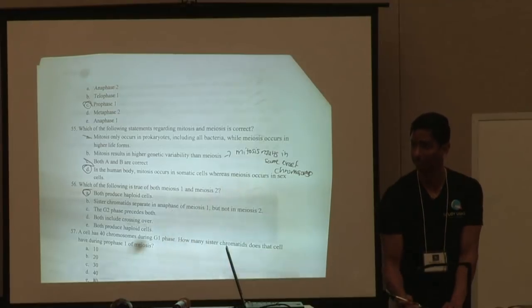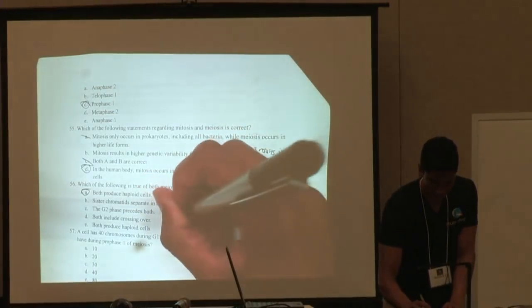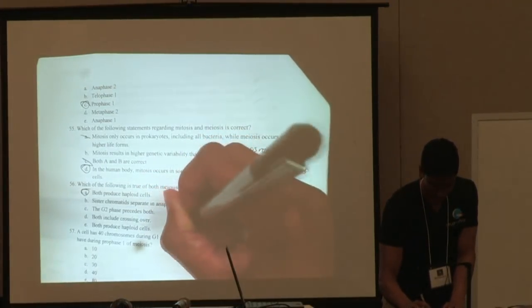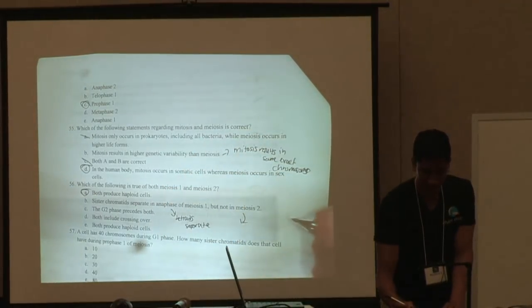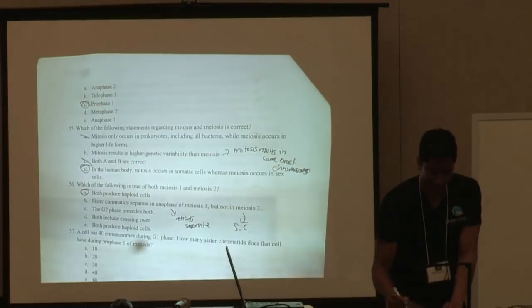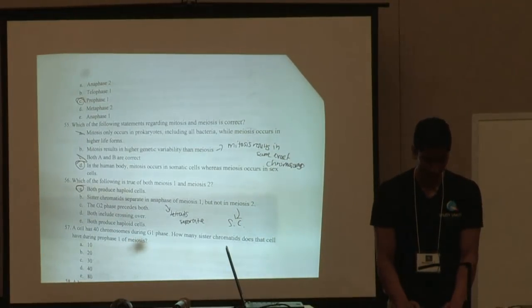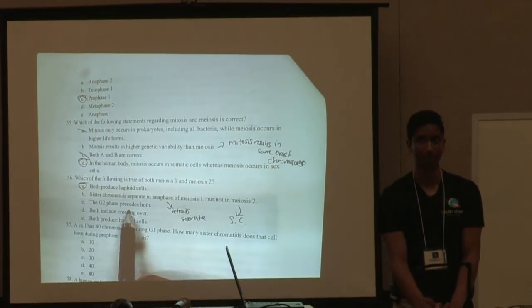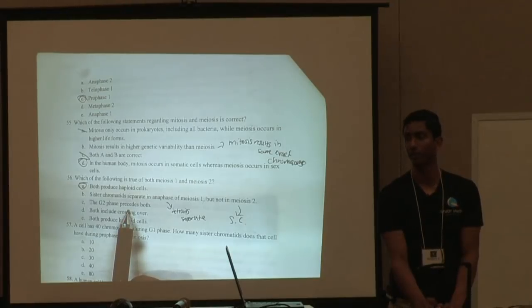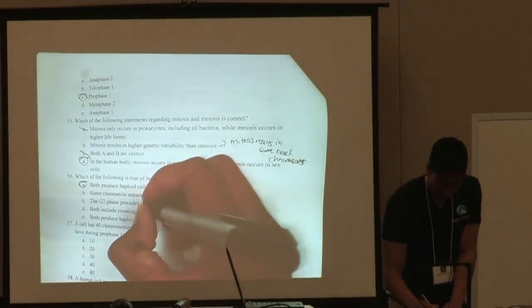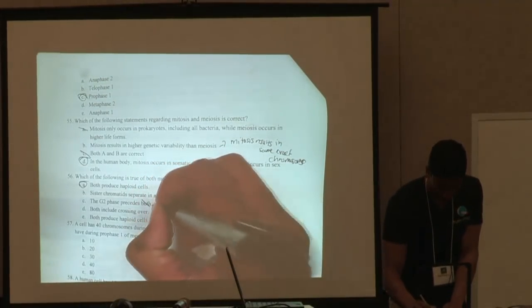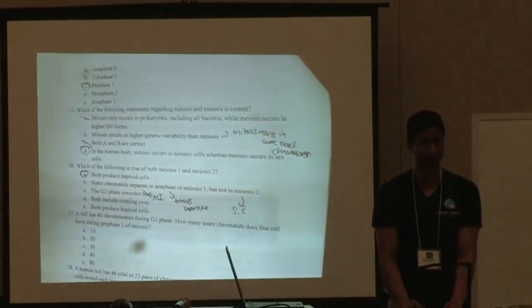The tetrads. So what separates in meiosis 2? Sister chromatids. Does the G2 phase precede both? No, it only precedes meiosis 1, good. Both include crossing over. That's not true.